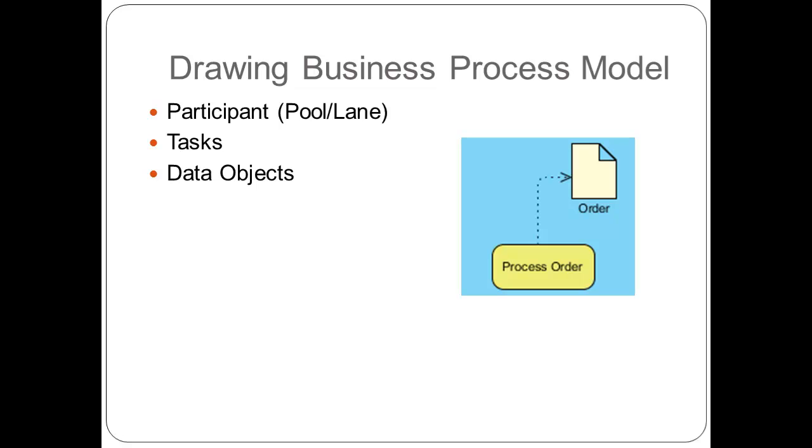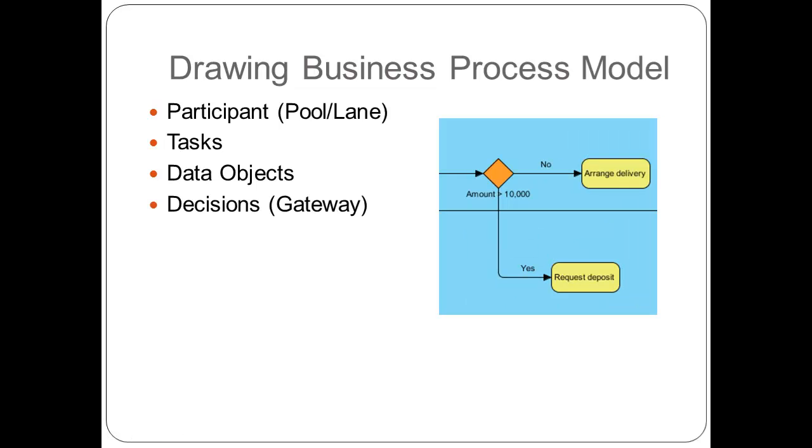Data objects are used to represent the data of the business process. Usually the data is something that supports the process, or something that the task will generate. In this example, we have a process order task, and the process order task will generate the order from the process point of view.